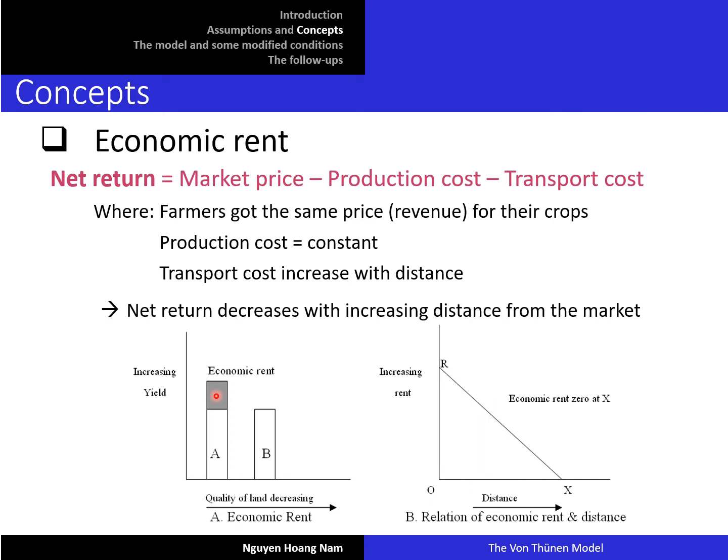Then the net return would be the difference between the revenue and the total cost. A minus B is this gray area, and it's called net return or economic rent. Okay, so that's about economic rent.